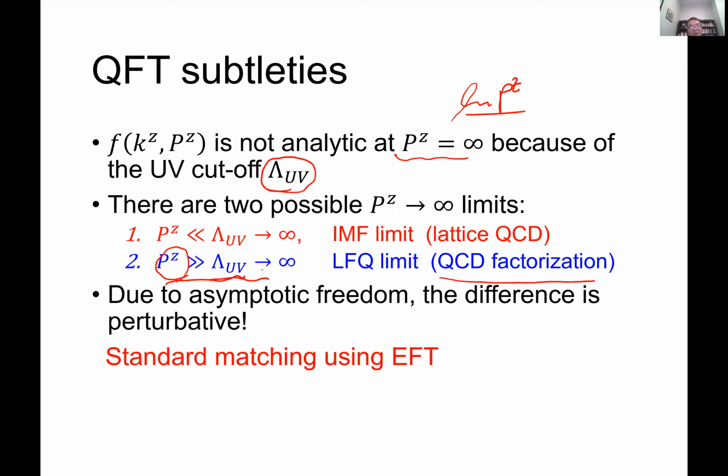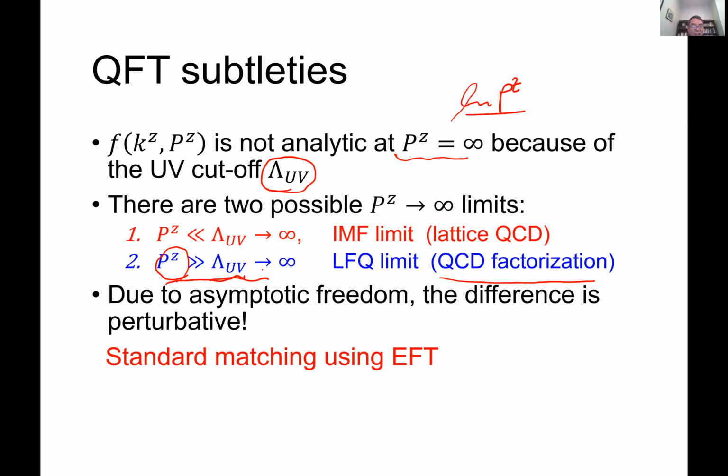So you see the Parton distribution is defined in this particular limit, and these two limits do not commute. But fortunately, the differences between these two limits are calculable in perturbation theory, because the difference involves only large momentum modes in the field theory. Asymptotic freedom tells you that we have large momentum modes, and we can calculate them in perturbation theory.